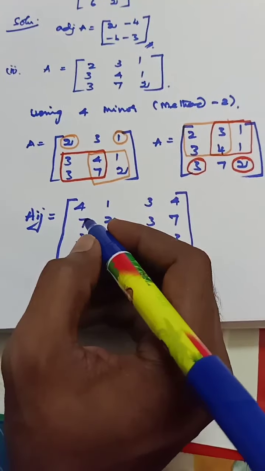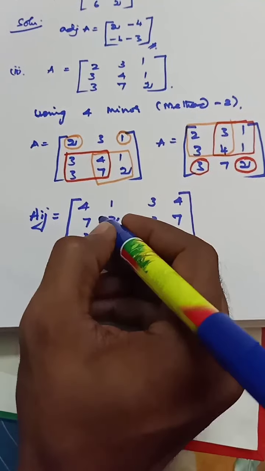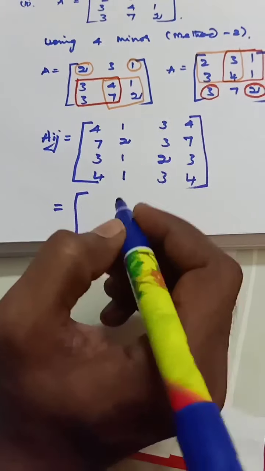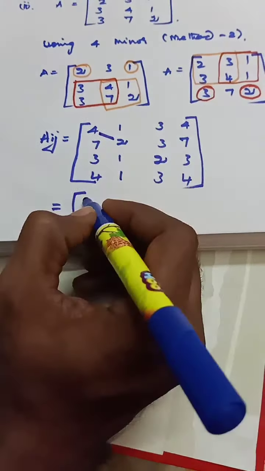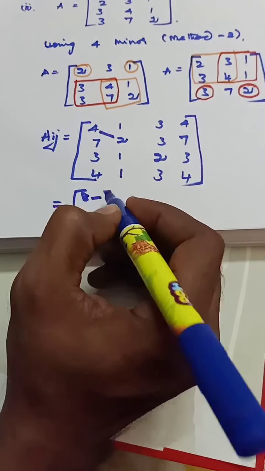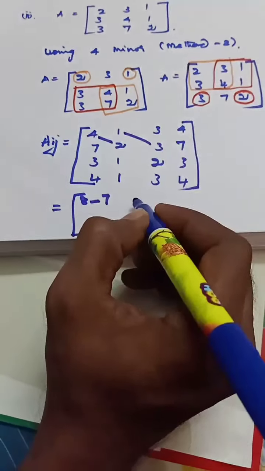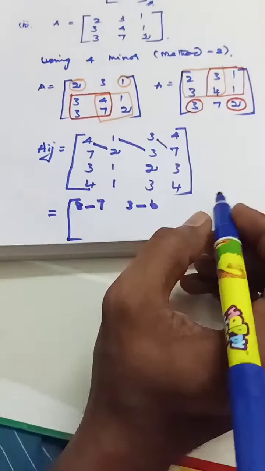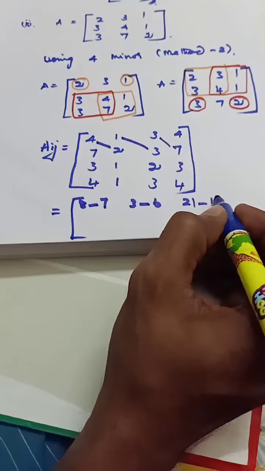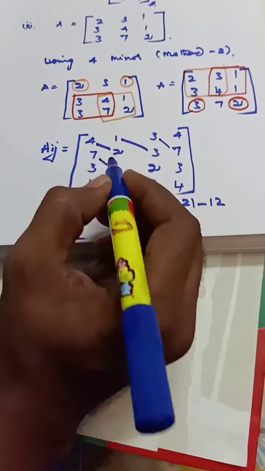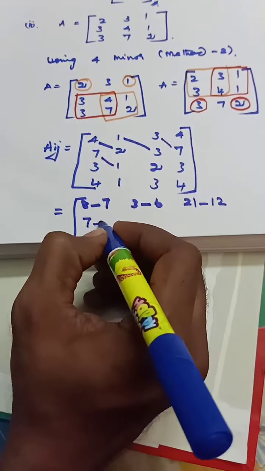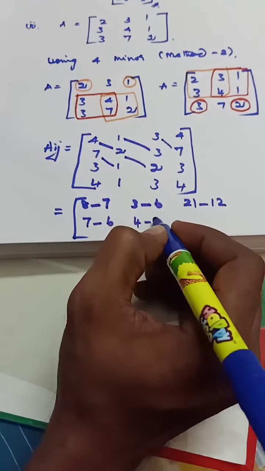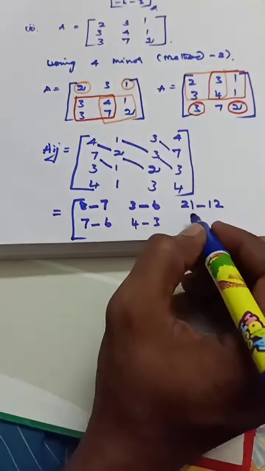So what we are going to do is very simple. This two product: 8 minus 7. Next to this two product is 3 minus 6. Next to this two product is 21 minus 12. Again here it is 7 minus 6, 4 minus 3, and 9 minus 14.